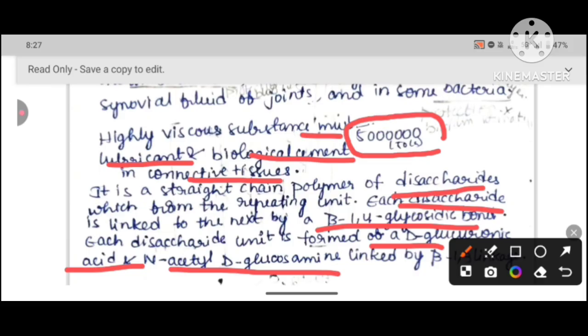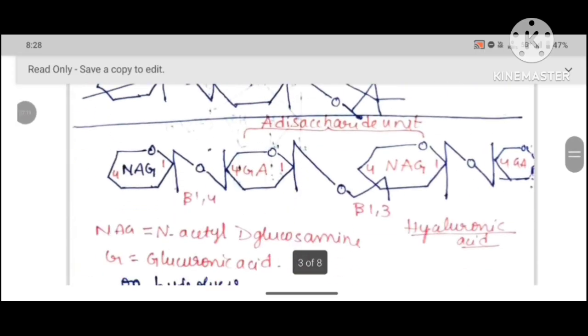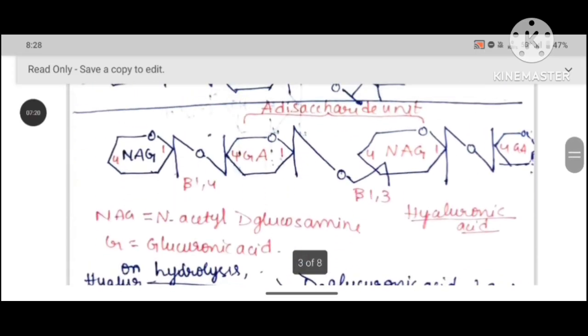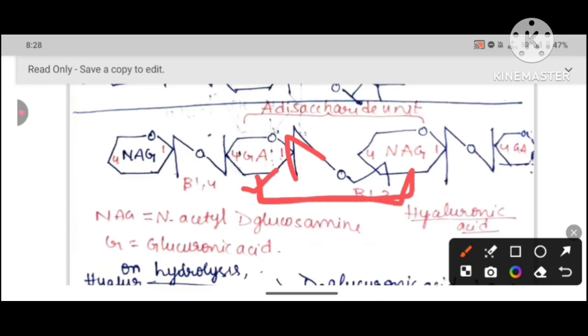The D-glucuronic acid and N-acetyl glucosamine are linked by this beta 1,4 glycosidic bond, which forms hyaluronic acid. If you see the structure, these two together are known as a disaccharide unit, linked by the glycosidic bond.